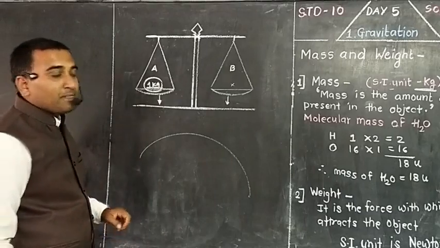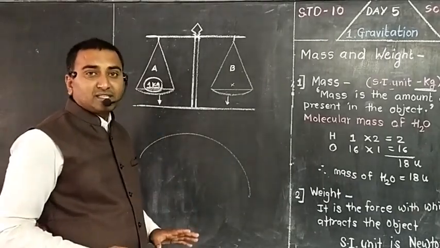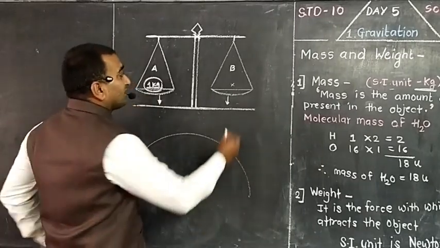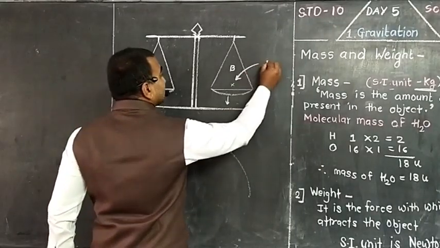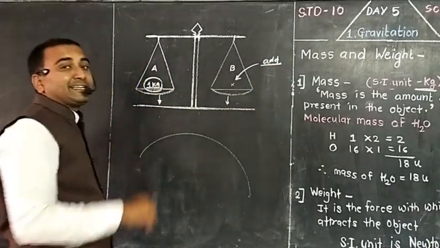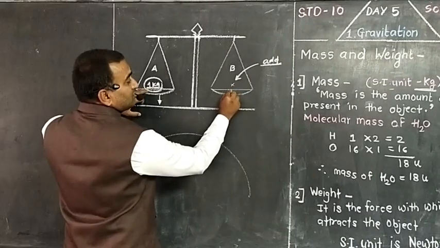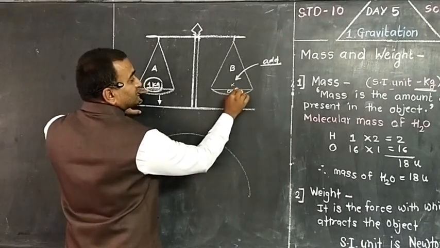Now what to do? We have to take sugar, or whatever object is in the form of grains, and start to add grains of that object in a little amount. See what will happen now. Suppose that quantity starts to increase.